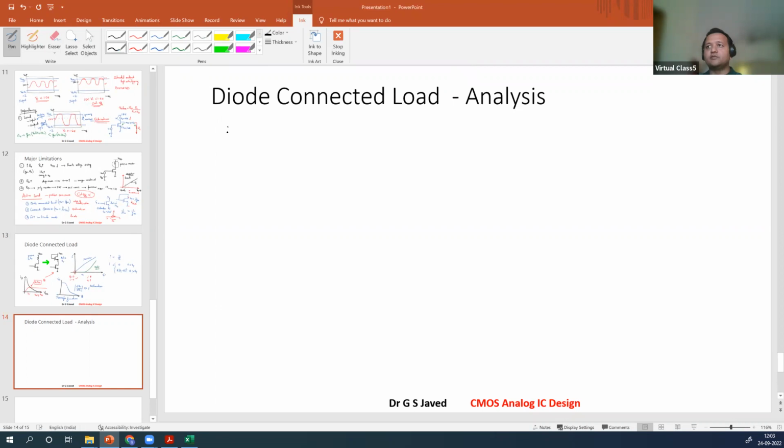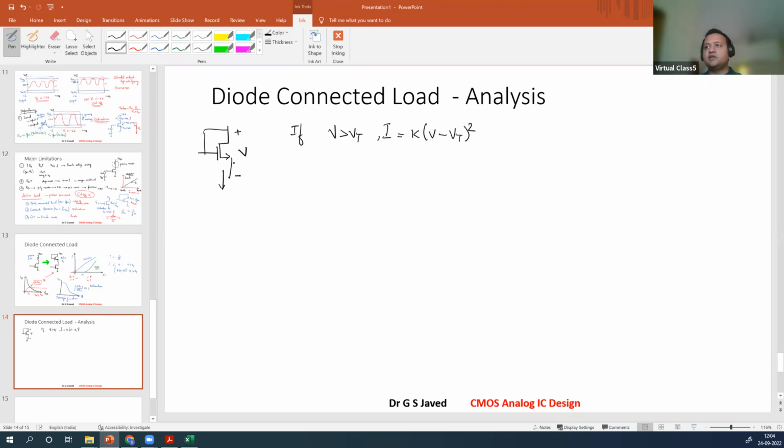First, draw the diode load. This is your diode connected device with your V here, I flowing through this device, positive and negative terminals defined. If V is greater than Vt, then I is given as K times (V minus Vt) whole square.